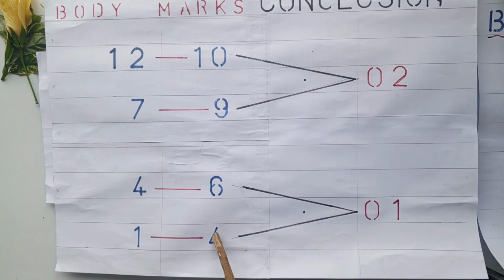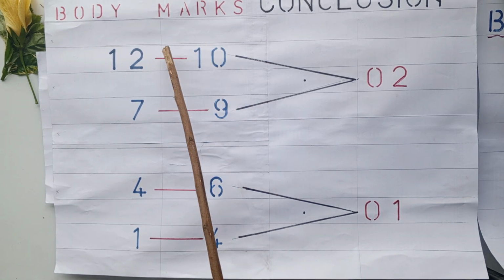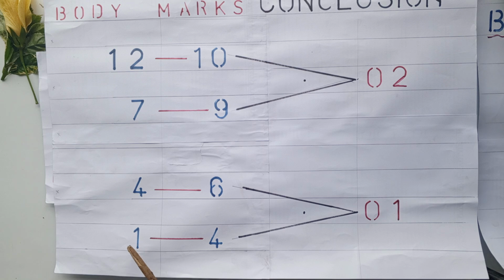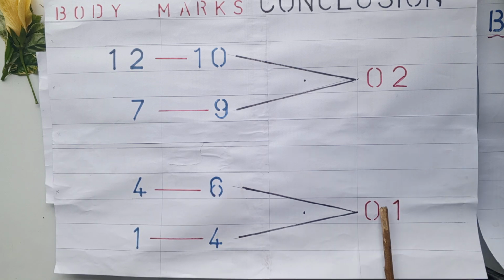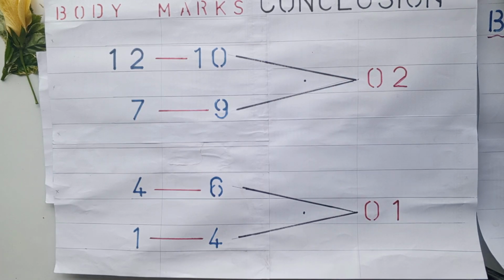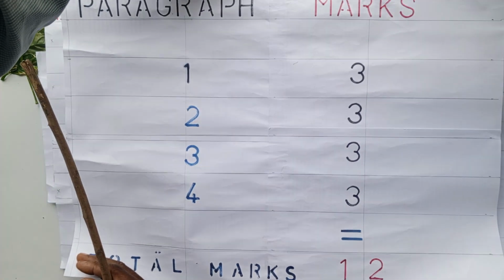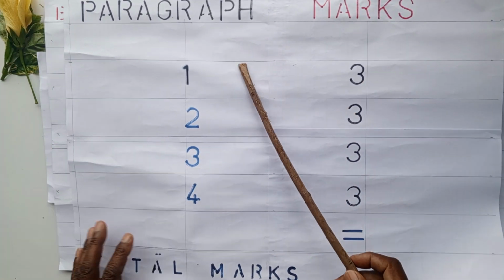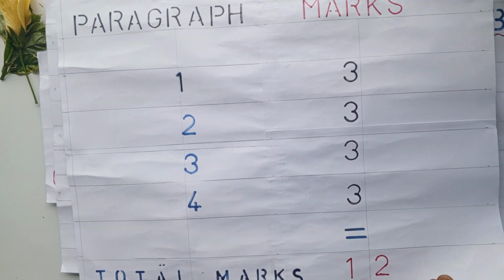There is an error here. This should be 3. So what am I saying? In the body, if you score between 1 and 6, you are given 1 mark in the conclusion. Understand that this is what I'm talking about, the body mark. After the introduction, you have the body.